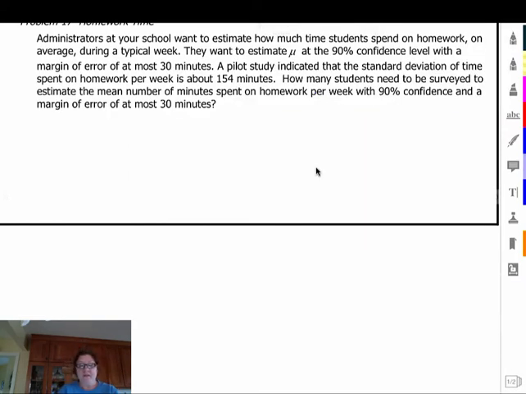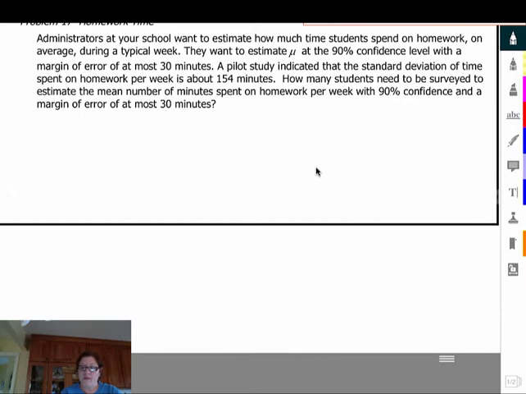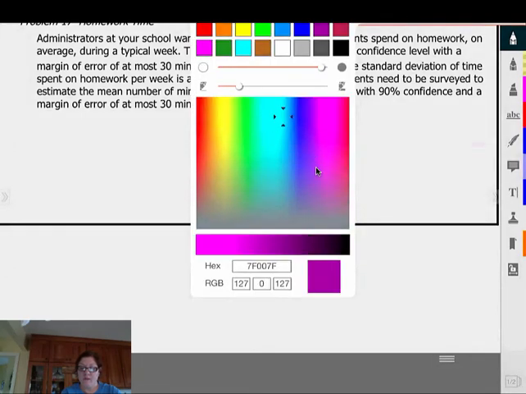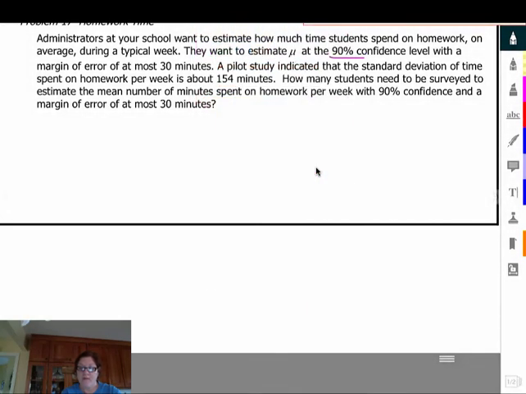And so finally, the last question is I want to be able to calculate a confidence interval. But the problem is, as I read through this, it looks like some stuff is missing. So I have my confidence level. Ooh, I have margin of error of at most. So margin of error has to be less than or equal to 30.